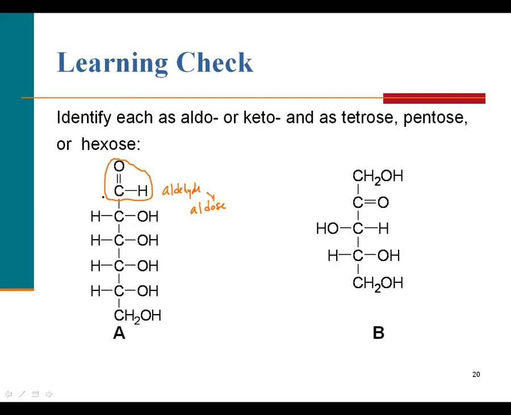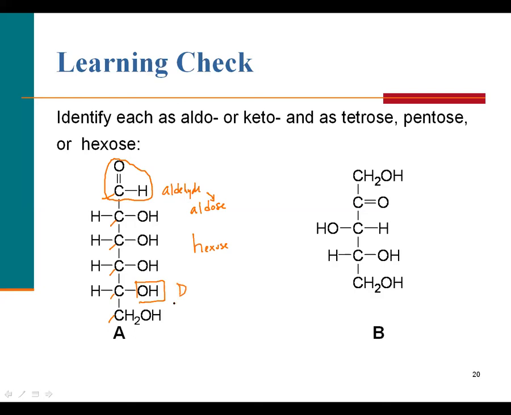And then we just want to count the carbons here. So we got 1, 2, 3, 4, 5, and 6. So this should be a hexose in this case. And this would be a D because the last chiral carbon has the OH group on the right-hand side.